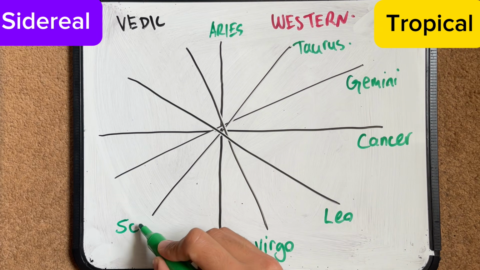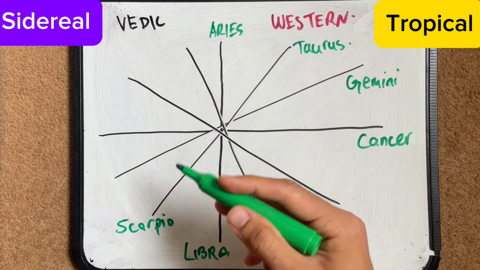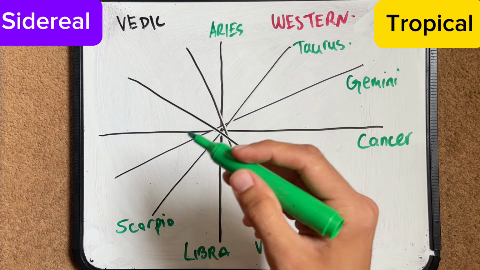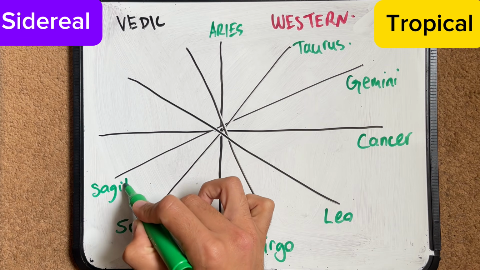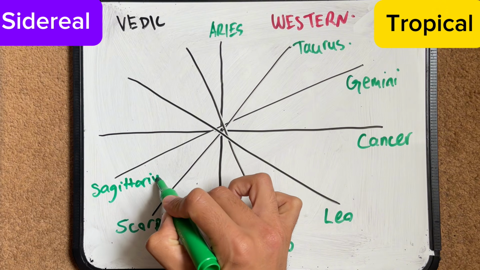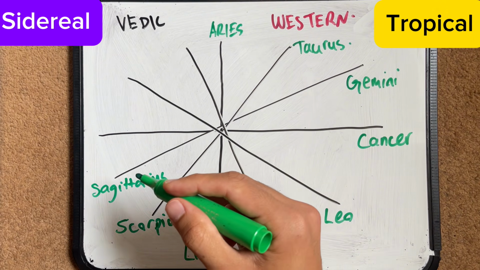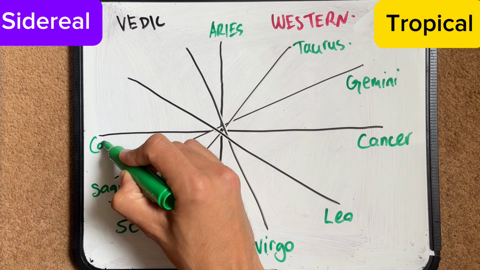Both systems use the sun. Both systems use the moon. Both systems have the same planets: Mercury, Venus, Mars, Jupiter, and Saturn. Both systems divide the zodiac into 12 signs, and both systems can create a birth chart. The planets are not different. The sky is not different.